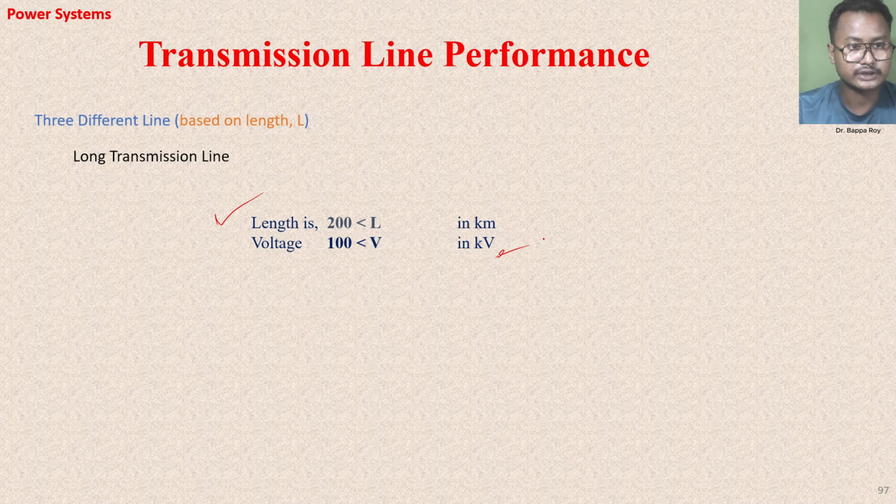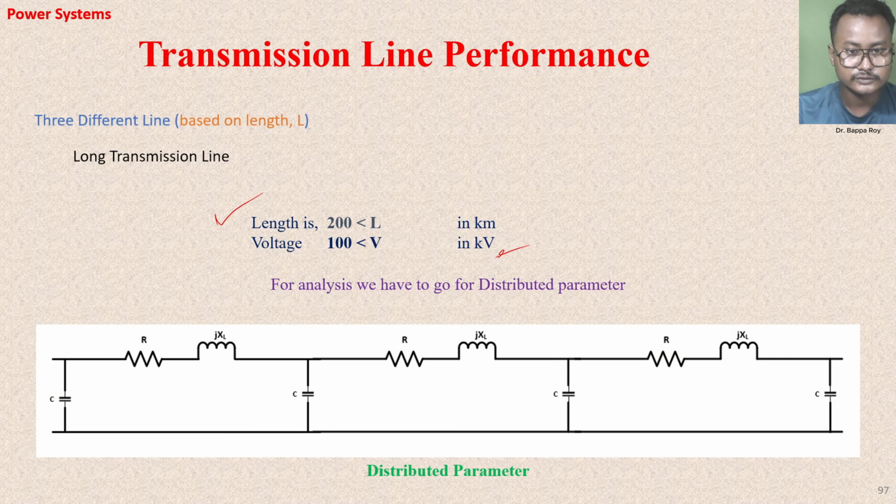So we can say it's a long transmission line. For analysis, we have to go for distributed parameters. We can't neglect that capacitance, because here the voltage and transmission line length both are high.